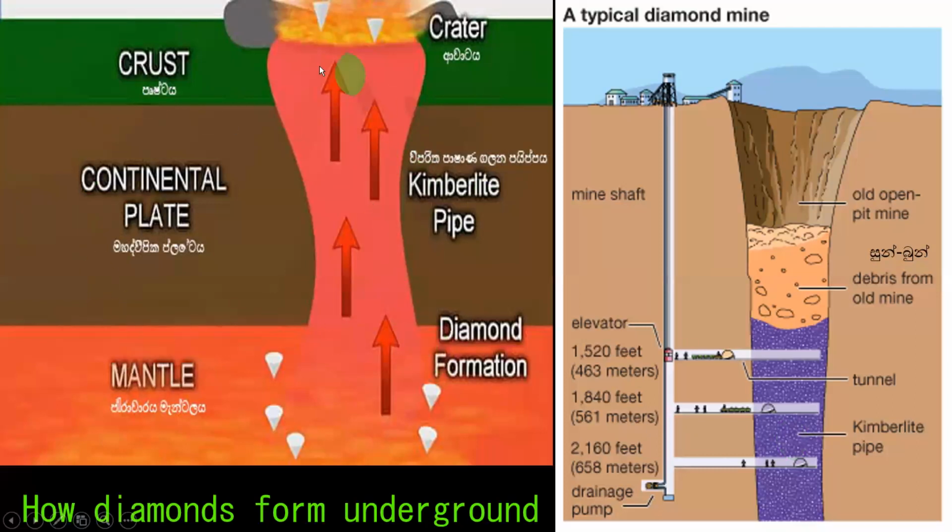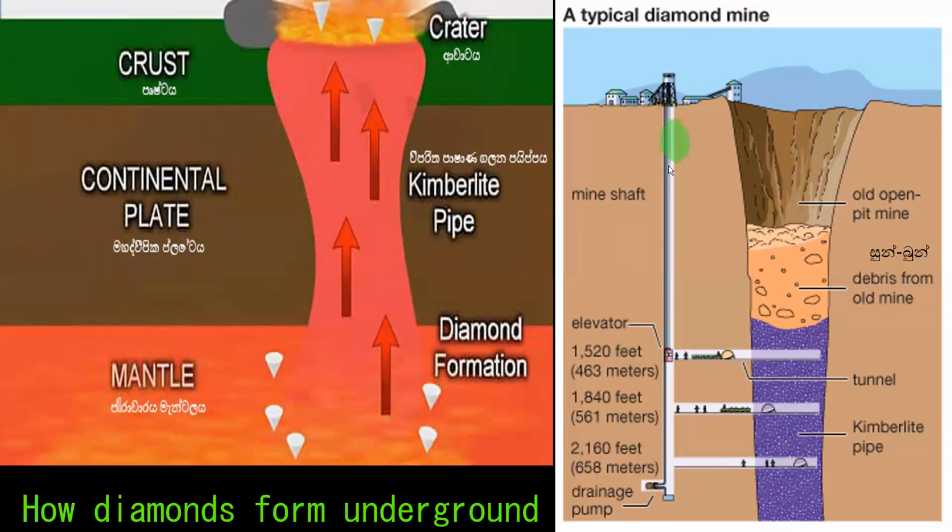Now you can understand this picture. Then a typical diamond mine. This is a diamond mine. This is the factory. This is the mine shaft. So look at the height. Then the elevators are moving from top to bottom. And the drainage pipe is here.